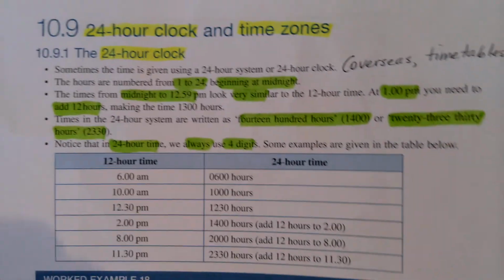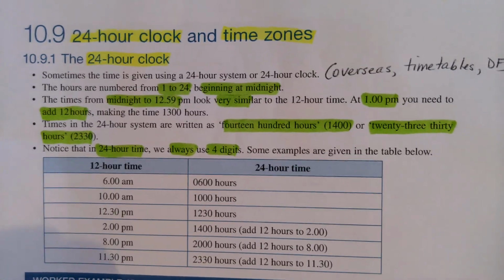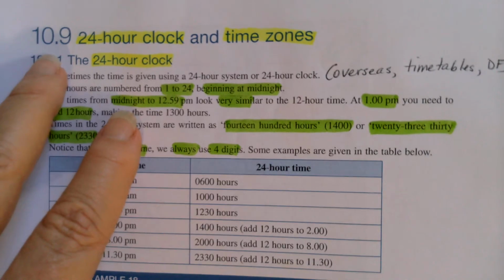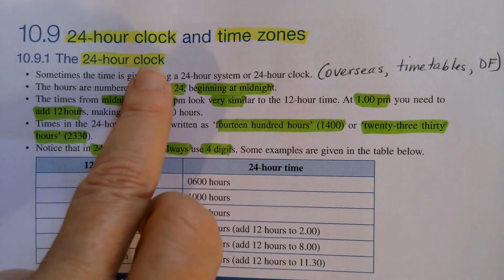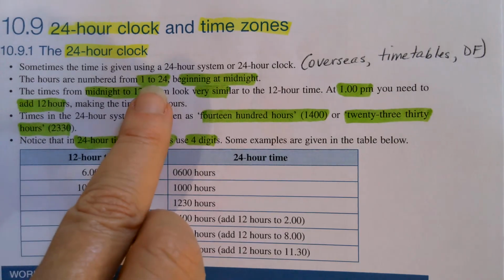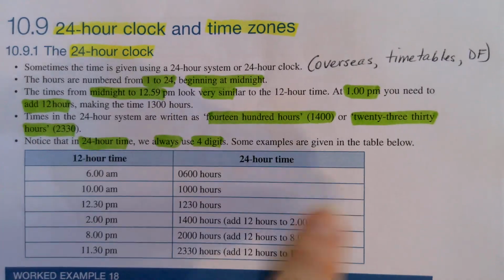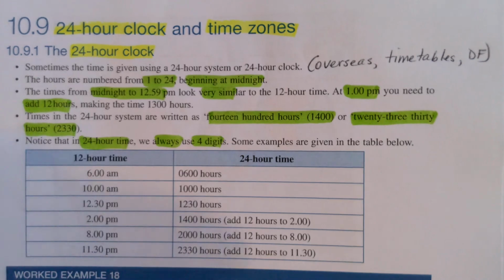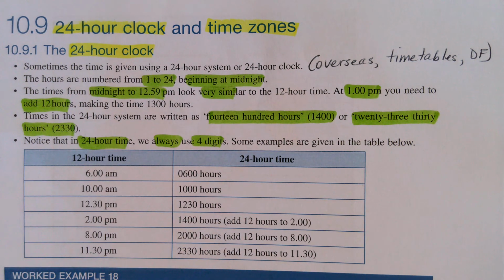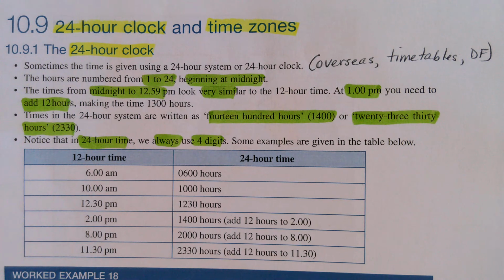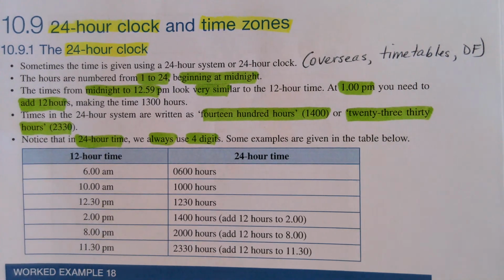If you have access to your Jacaranda Plus, you can go to unit 10.9, that's got the 24-hour clock and the 12-hour clock. All this information is there. This is a good one to copy down as well. A lot of these things on your Jacaranda Plus are automatically marked, which is very helpful.